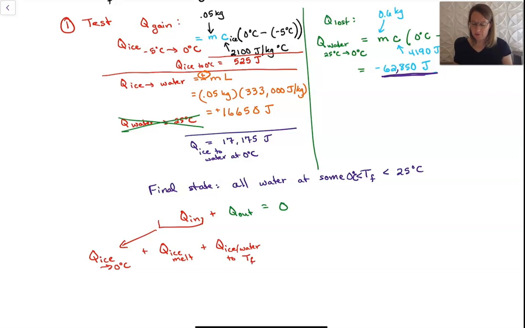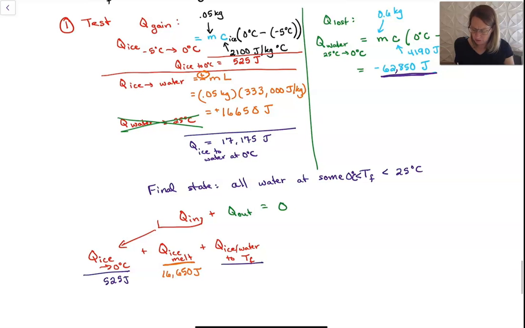That's the one we don't know. So for the ice to melt, we have this one, our orange one, 16,650 joules. We can reuse our numbers. For the ice to get to 0 C, that's our 525 joules.